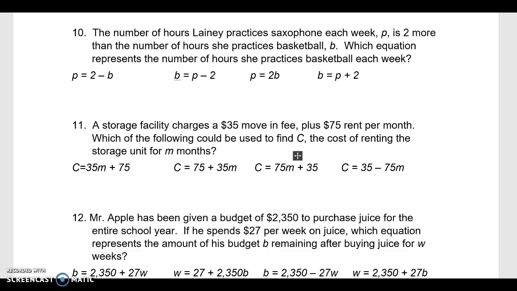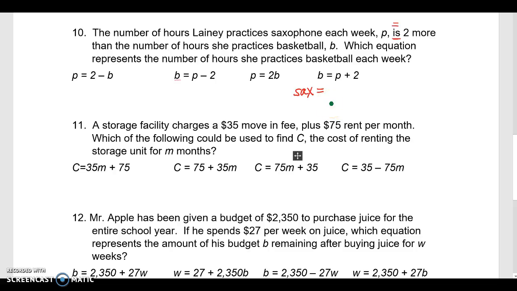So let's see, the number of hours she practices saxophone. I'm going to write it in words because that'll help. So saxophone each week is, so is means equals 2 more than.